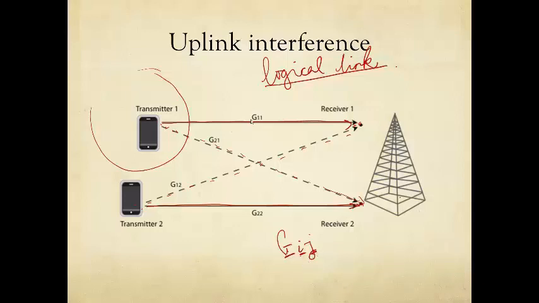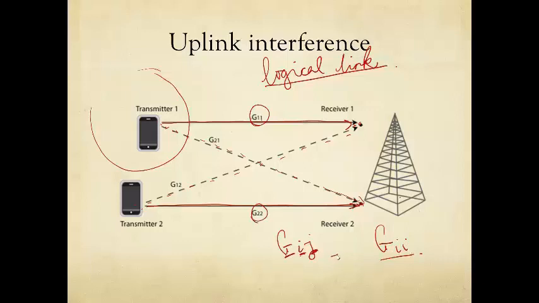For example, G11 is the channel from the transmitter of logical pair 1 to the receiver of logical pair 1. You say, well, that's a good channel. Indeed, it is the direct channel for desired communication. And so is G22. So in general, Gii are the direct channels.